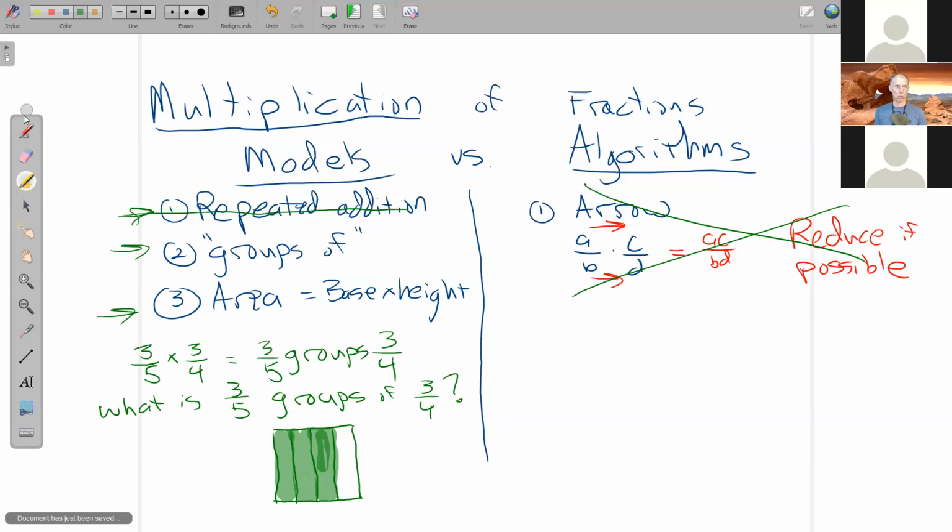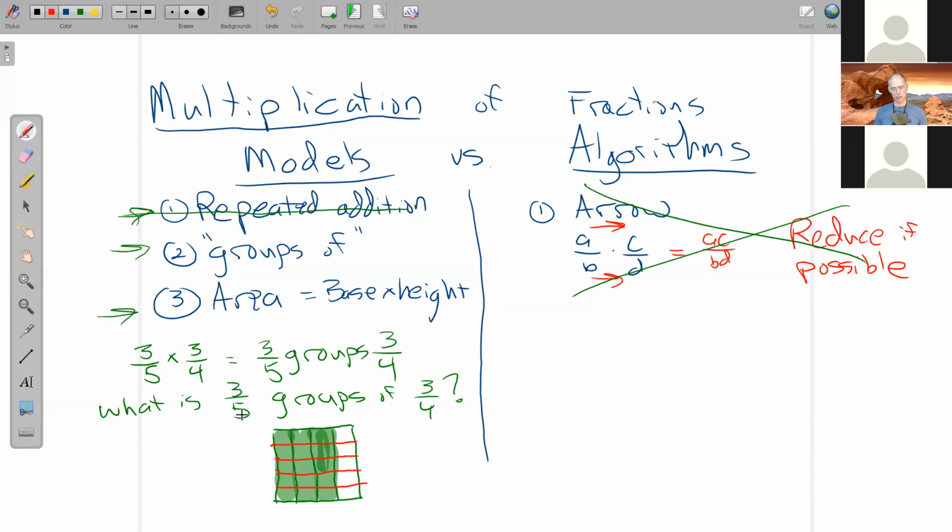Well, easiest way to come up with that is to break this up into 5 groups. So let's make some marks. 1, 2, 3, 4. Yeah, not too bad. So here are my fifths, right? 1, 2, 3, 4, 5 rows there.